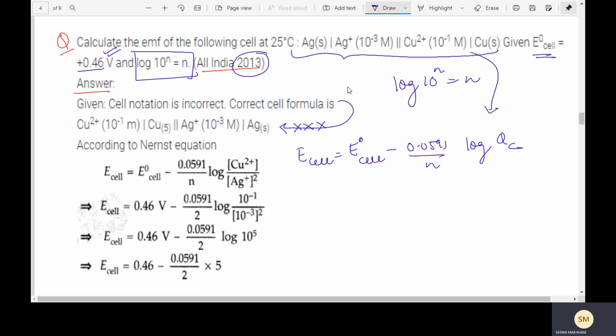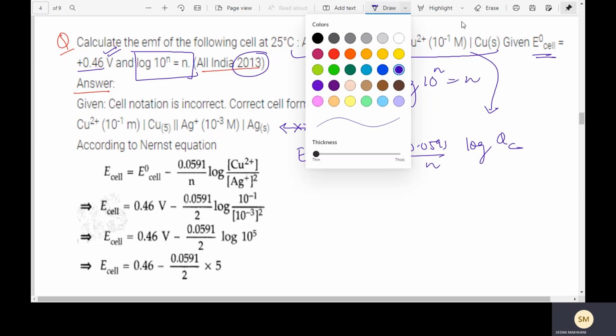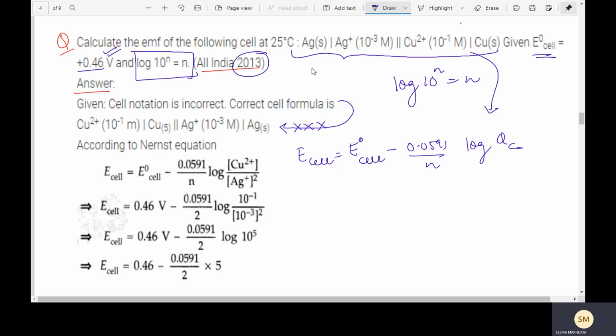Now, from this equation, if I find out the net equation, please do it the way I told you, step by step. According to that, your final equation would be copper 2 positive plus silver gives you silver positive plus copper, and you will multiply this by 2. This would be your net equation, and according to this, your QC expression.